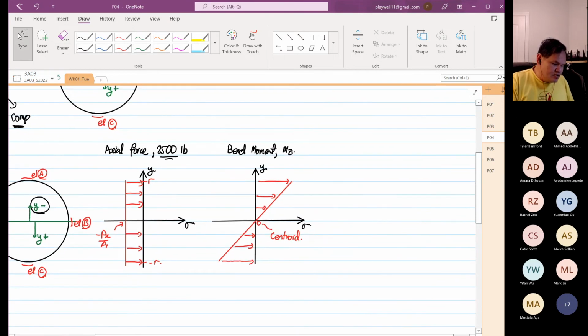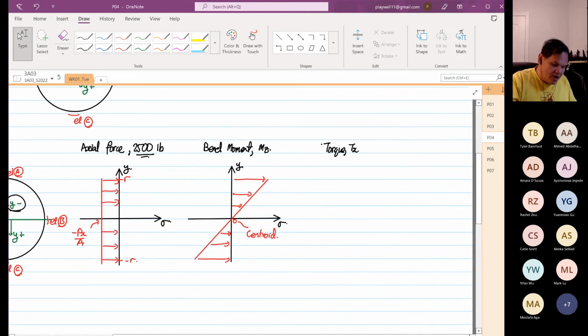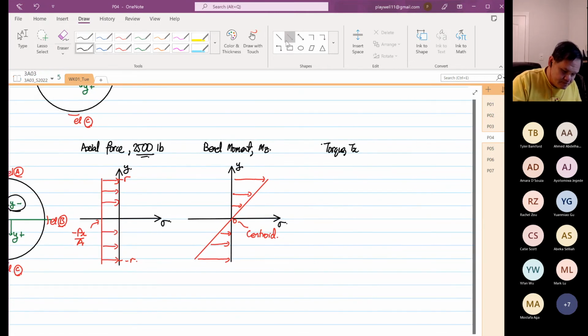Then we look into our radius. We look at our torque, our shear stress, due to our Tx. So now I'm going to sketch out shearing stress.